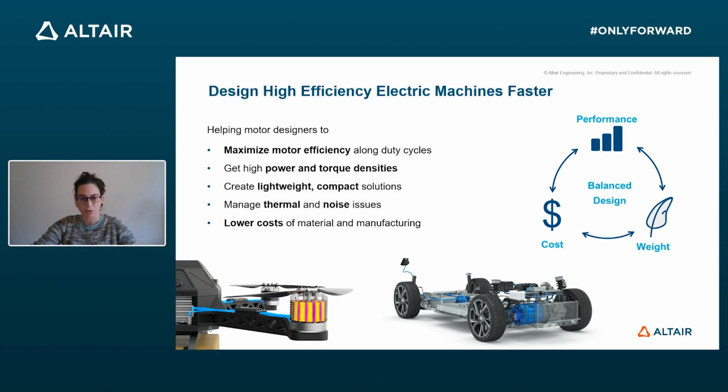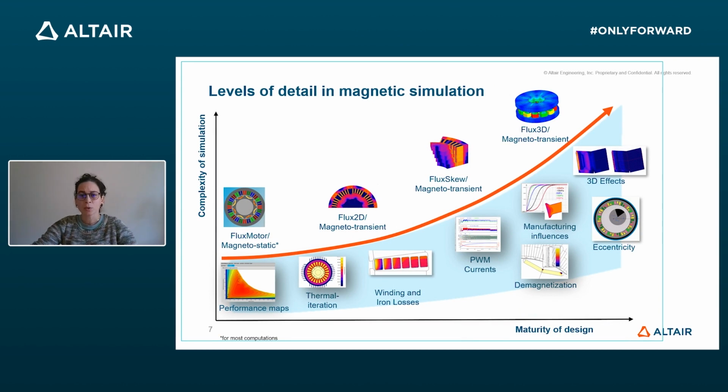Let's see the result. So with FluxMotor, we are able to obtain a good maturity of design with a simple setup. Since it's a multiphysics tool, we can perform performance maps, thermal and NVH simulation, and we can consider the skew and compute the demagnetization.